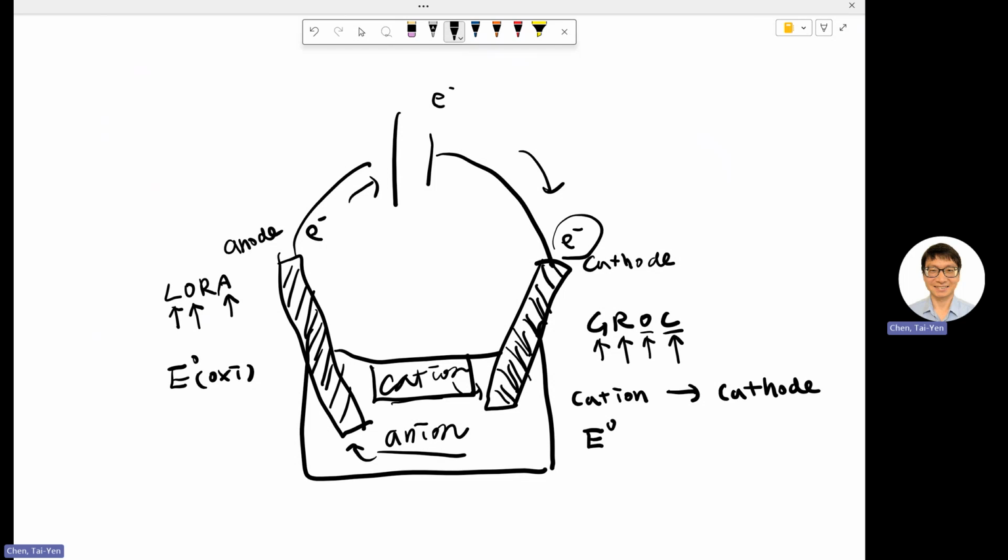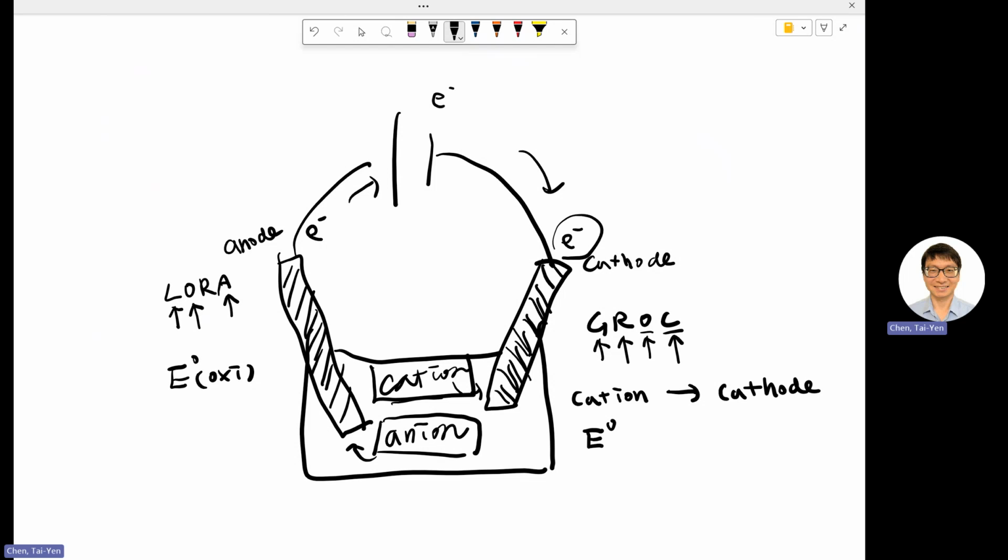The other part is electrolysis. Inside your electrolytes, you can have either cations or anions. You may have multiple different species of cations and anions. So the question you're going to be asked is to understand which cation or which anion will be the first species that gets electrolyzed. Those are the things that we will need to understand.